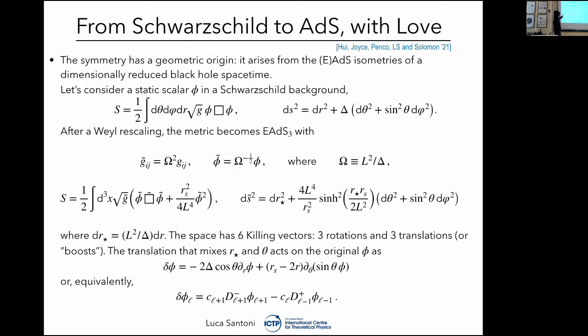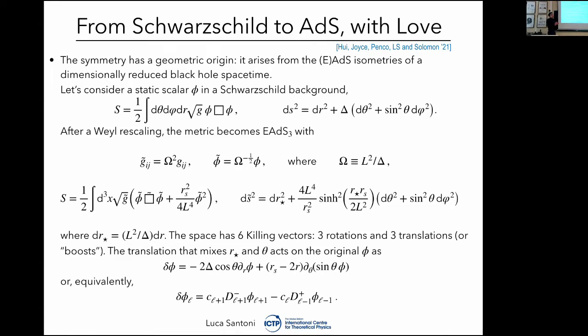Now, consider a Weyl rescaling. You do a Weyl rescaling of the metric, and you rescale also the scalar field, with a constant divided by the delta that I defined before. Again some algebra, and you find that the action takes this form, and now the metric is basically Euclidean AdS3.